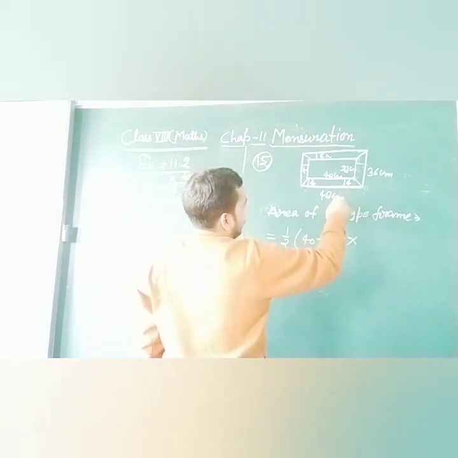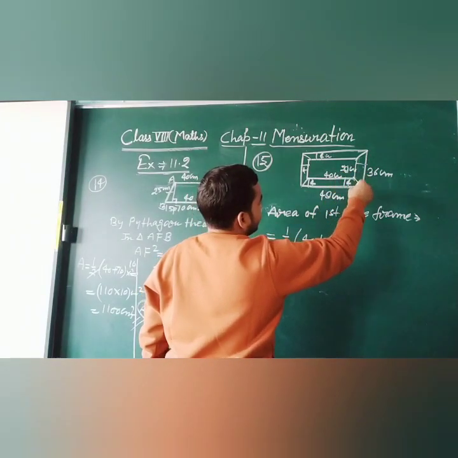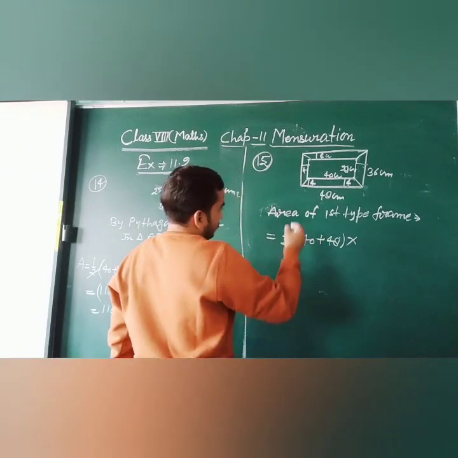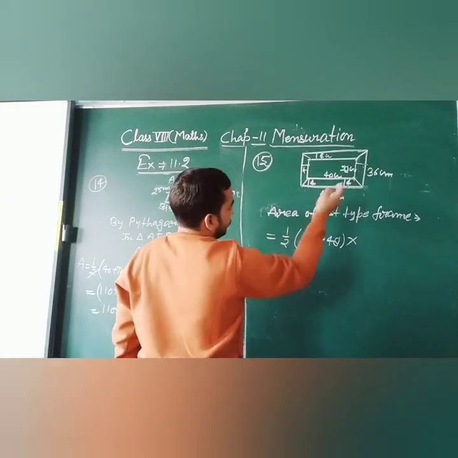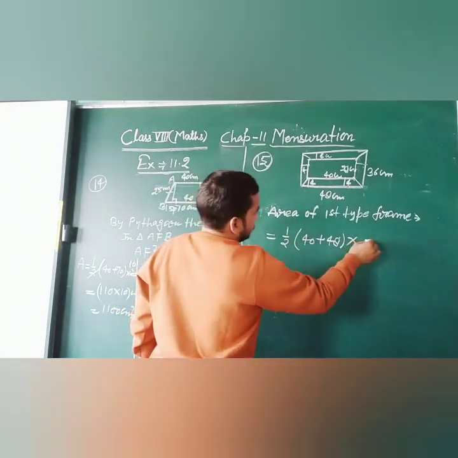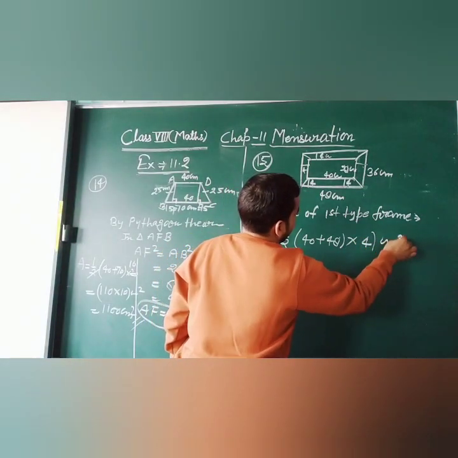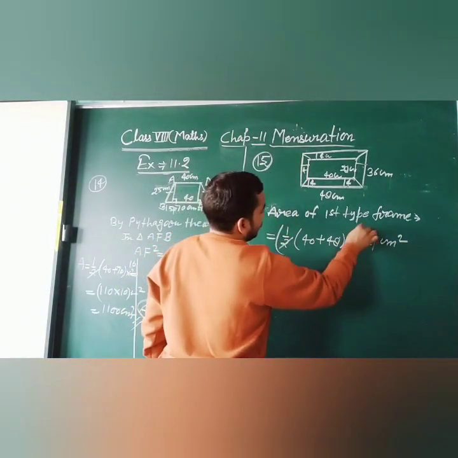Because this is the 48 and this is the 40, 48 minus 40 we have 8. We divide into two parts, so 4 and 4. By 4 centimeter square.